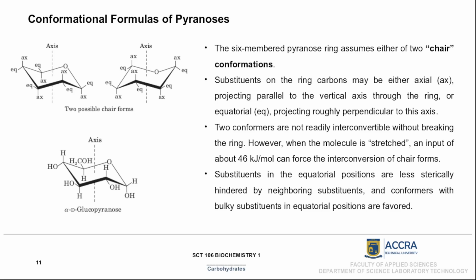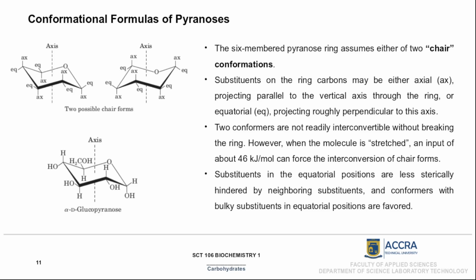Now, two conformers are not readily interconvertible without breaking the ring. However, when the molecule is stretched and an input of about 46 kilojoules per mole is applied, this can force the interconversion of chair forms.